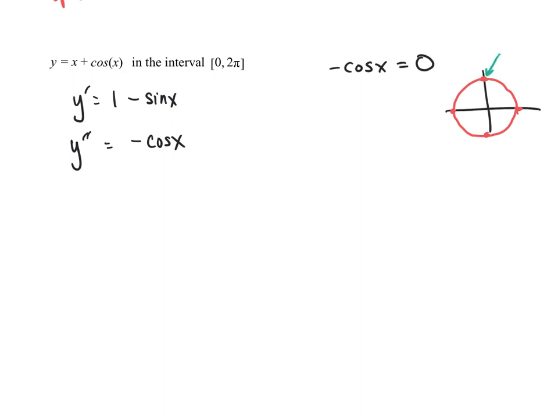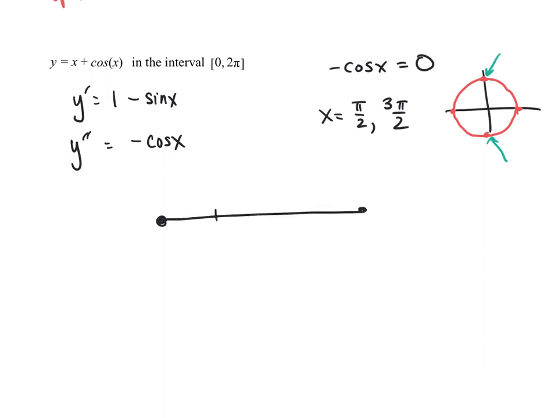Well, that point would have an x value of 0. So that's at 90 degrees, or pi over 2. And this point down here would also have an x value of 0. So that is 3 pi over 2. Now, there are other ones as the circle keeps going, but remember, we're only looking between 0 and 2 pi.